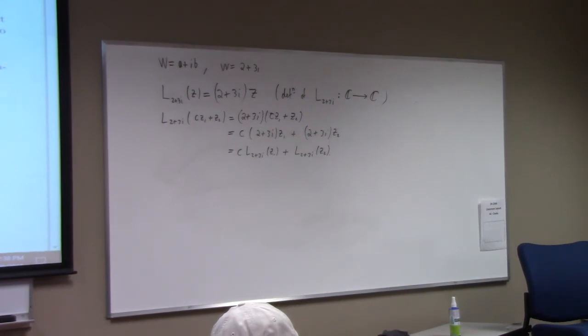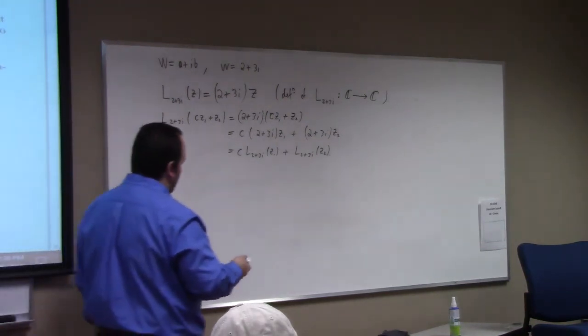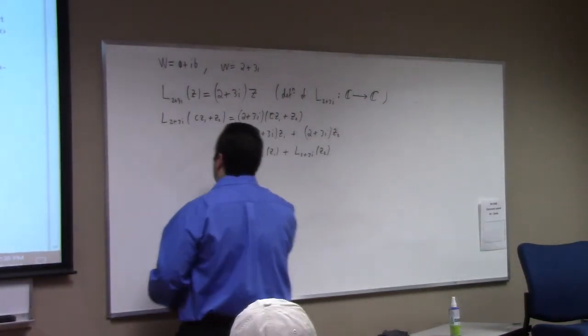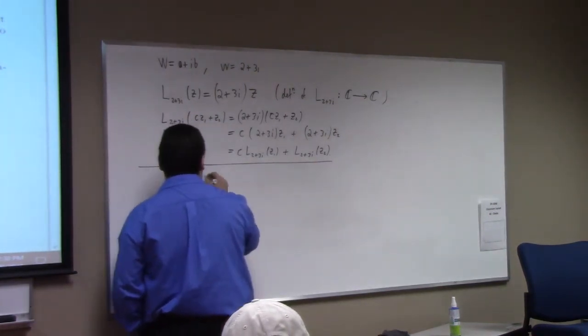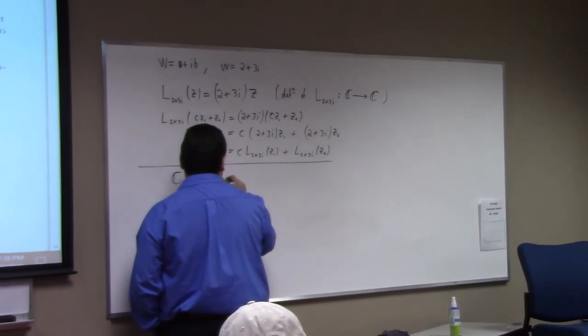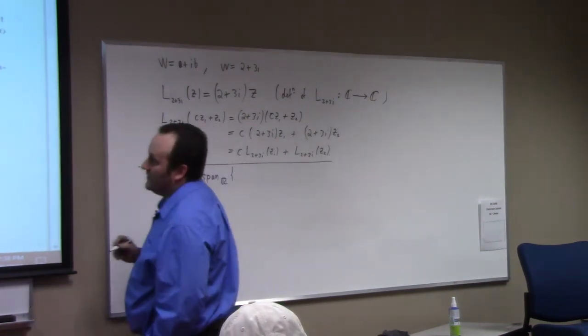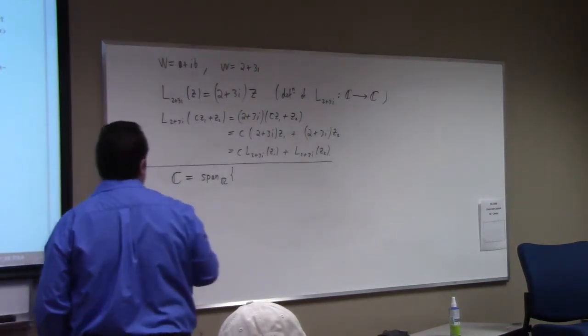So it makes sense to ask what the matrix of this linear transformation is. And the complex numbers are the real span of 1 and i.